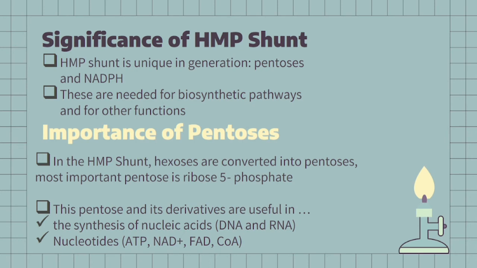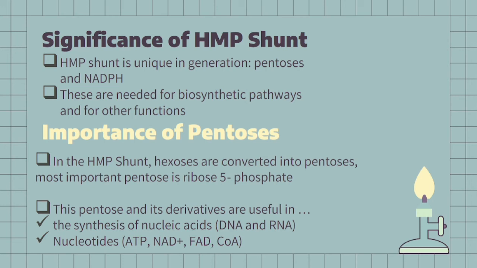The next one is the importance of pentoses. Pentoses are used for nucleic acids: ribose for RNA, and deoxyribose for DNA. They are also used in coenzyme synthesis.